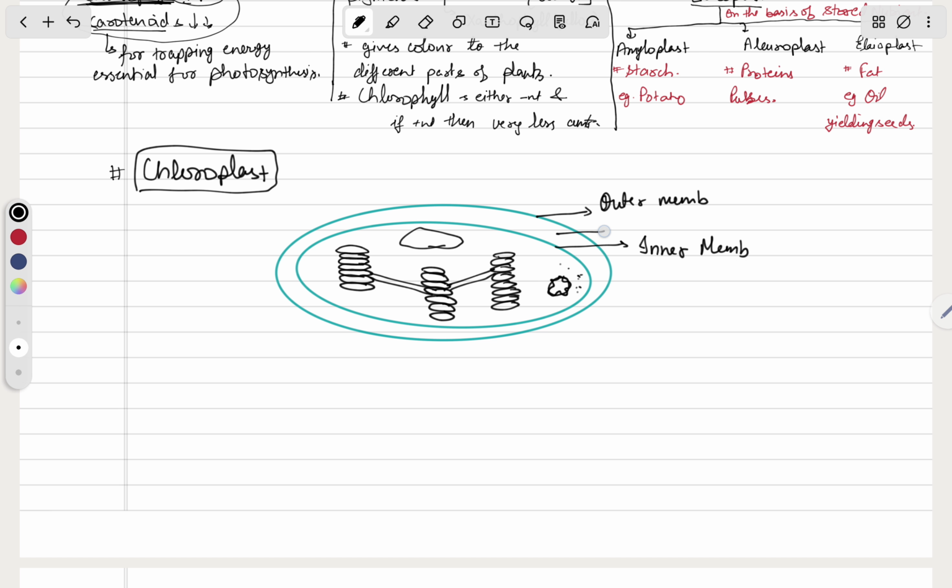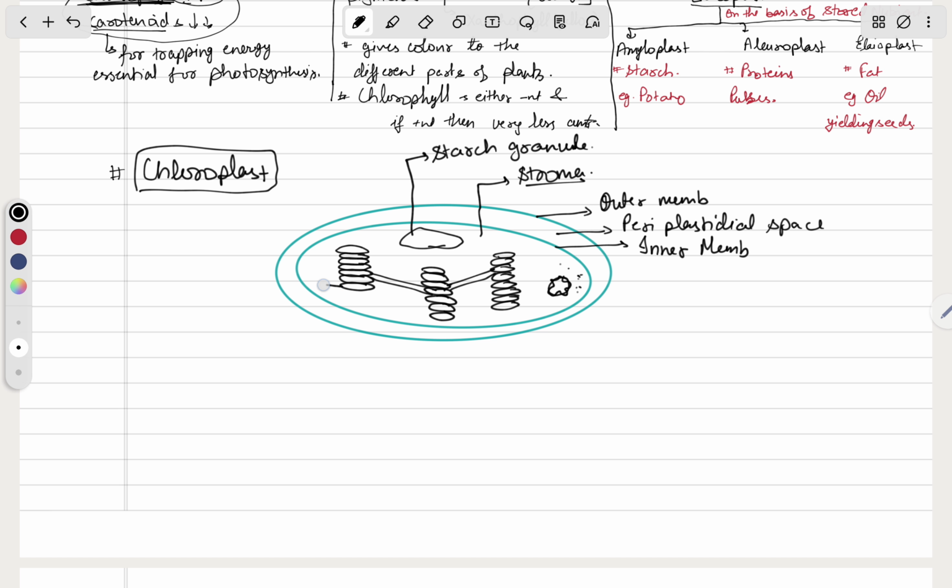The space between the two is the periplastidial space. The matrix within the chloroplast is stroma, right? That is the starch granule, where starch is stored.